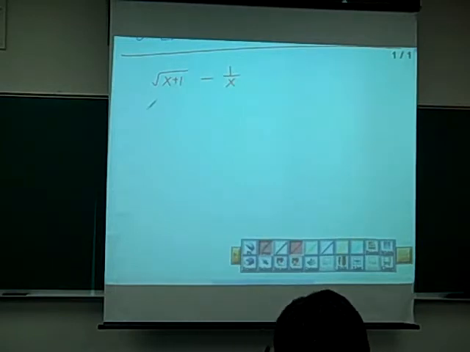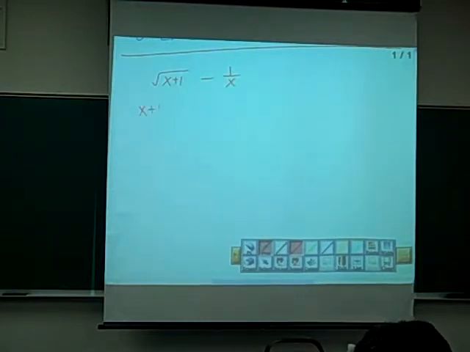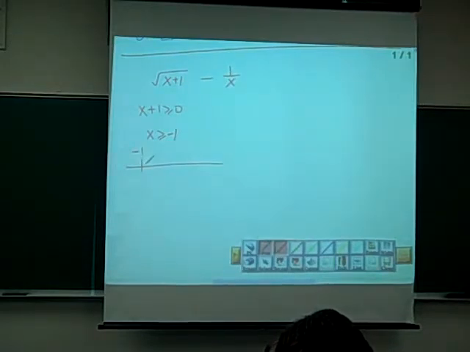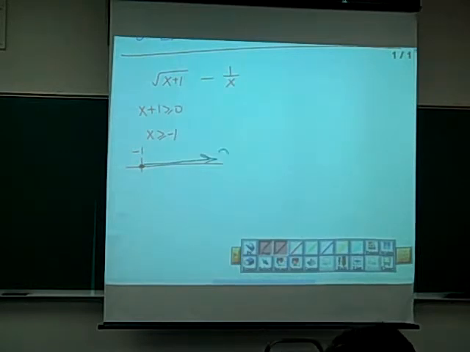Now here, you're going to set x plus 1 greater than or equal to 0, and you get x is greater than or equal to negative 1. So here's negative 1. Is that open or closed? Closed. And it's going to go to the right, to infinity.